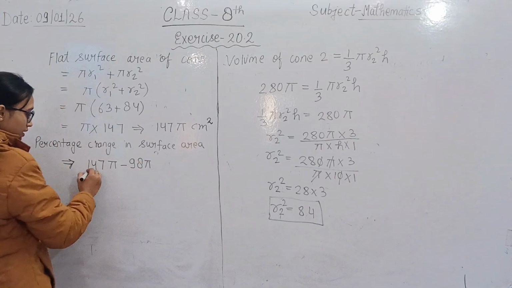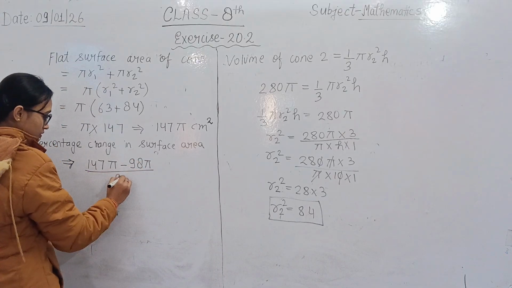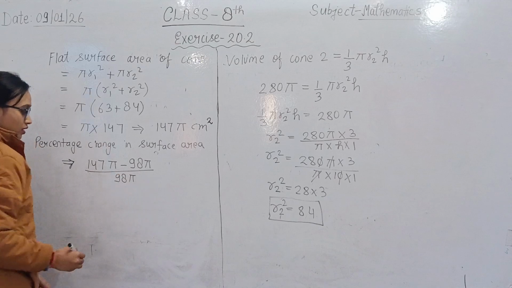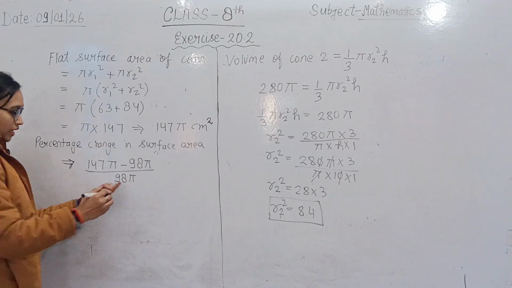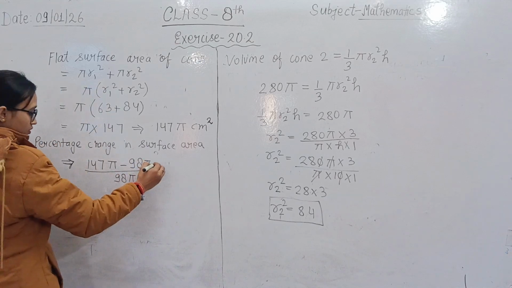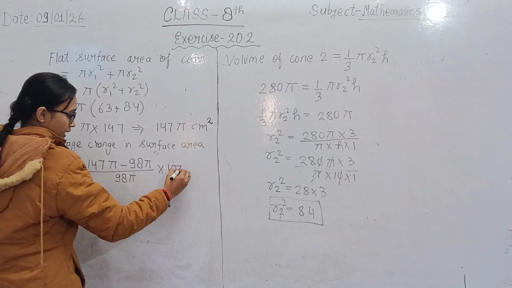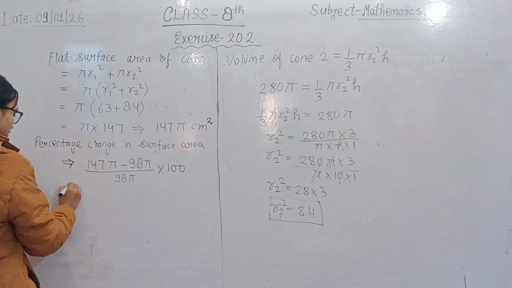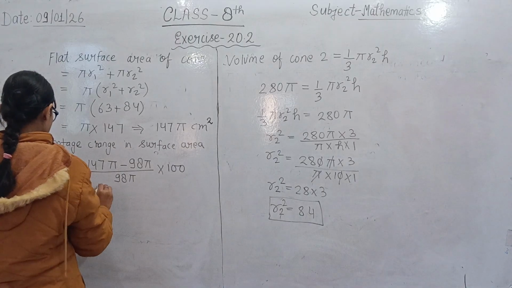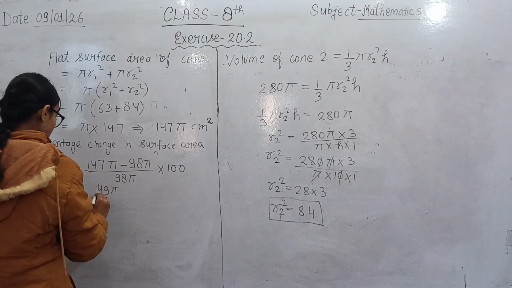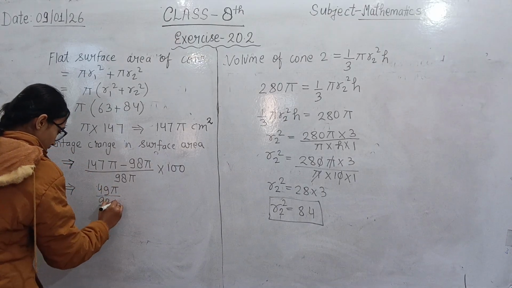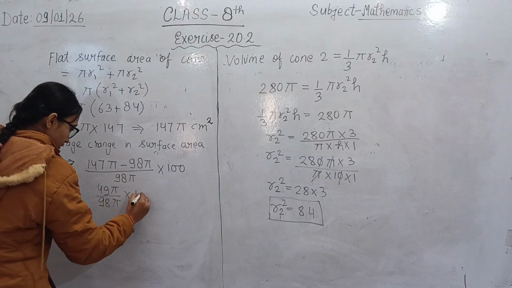So we will subtract it upon total, and total it was cylinder, and we have to change it in percentage, so we will multiply it with 100. On subtracting this, we get as 49 pi upon 98 pi multiplied by 100.